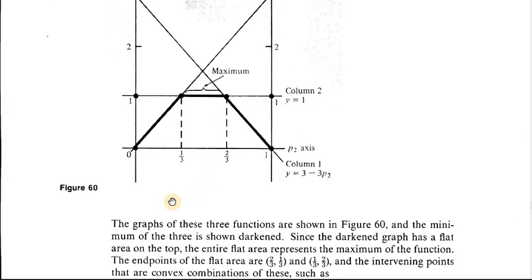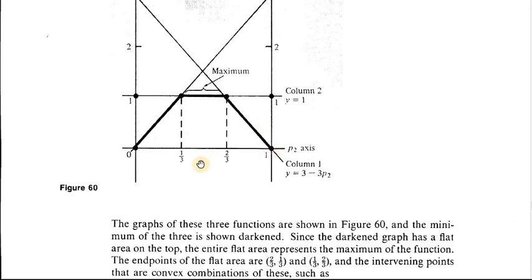Now remember, the row player wants to maximize the payoff, knowing that the column player is going to try to minimize. So whatever P2 the row player chooses, the column player is going to choose the row that puts him on this solid black line.